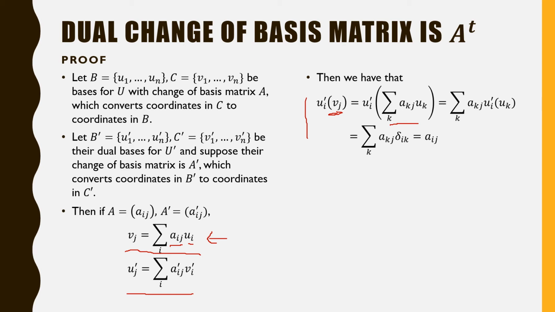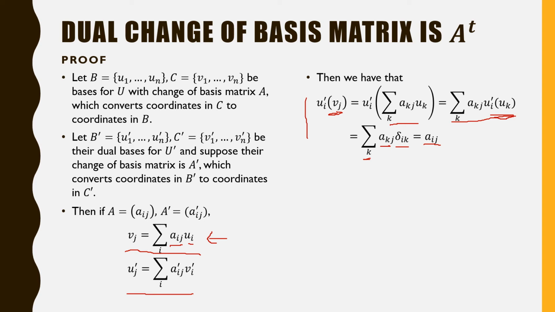So the Akj's will pop out, and the Ui primes will all behave on the Uk's. The sum also pops out. Well, this is just simply delta ik, but we're summing over k. Delta ik is equal to 0 except when k equals i. So the only thing we get out is Aij, when k equals i. Because delta ii will be, sorry, 1, and delta ik will be 0 if k is not i.